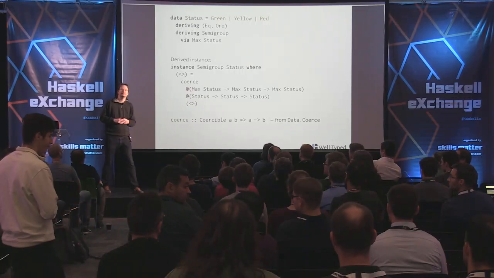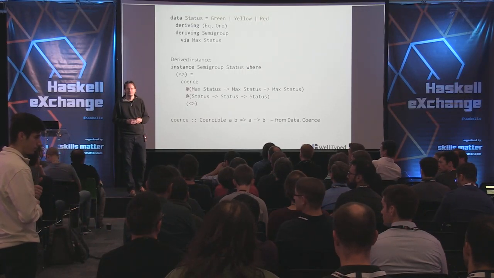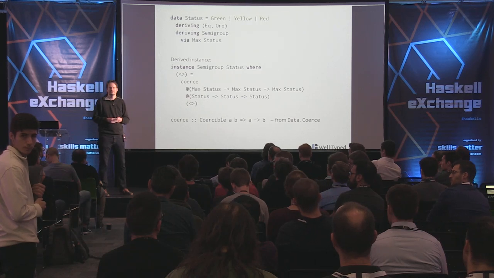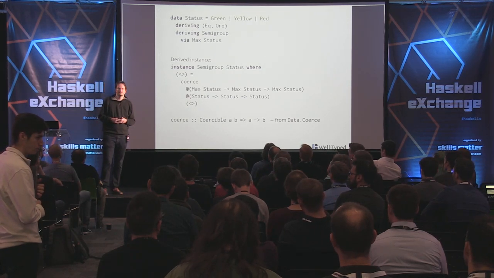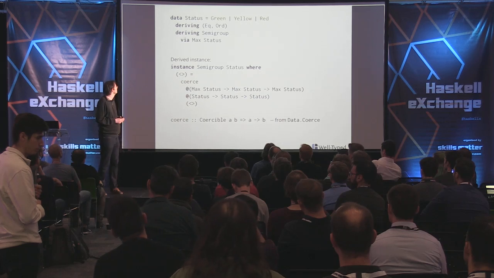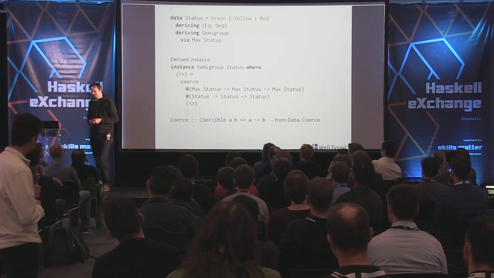Okay, I think there was one third question somewhere. Maybe this is addressed later, but when you do deriving via First or Last, how do you coerce the Maybe into it? It'll be a Maybe Status inside, right? So how would that coerce work?